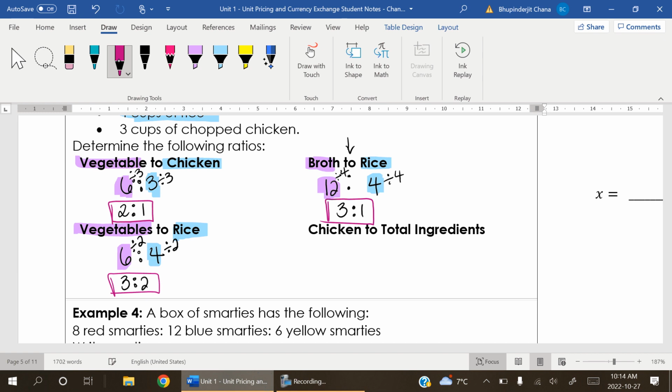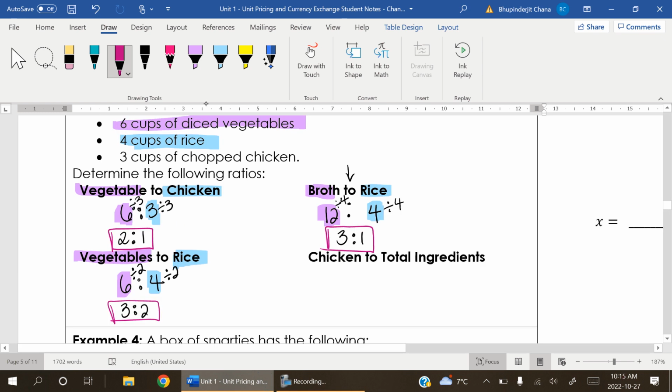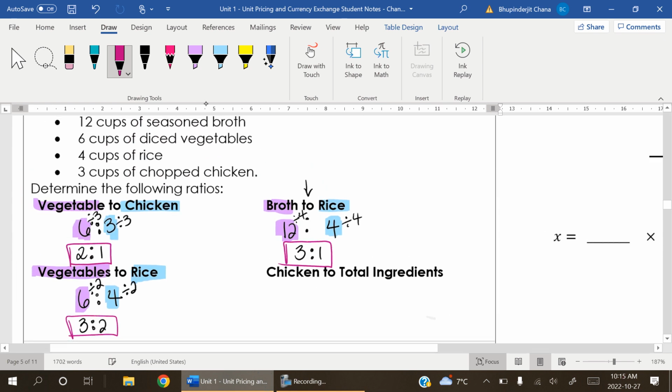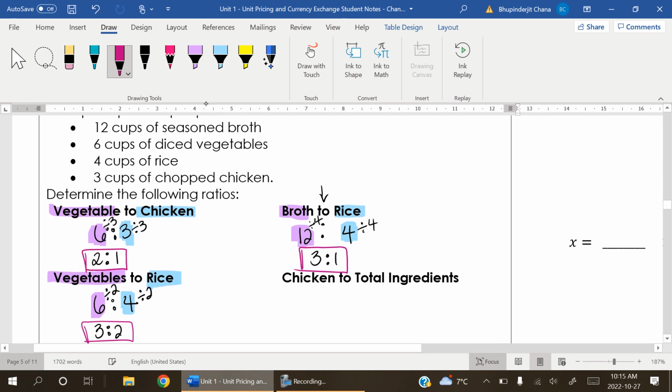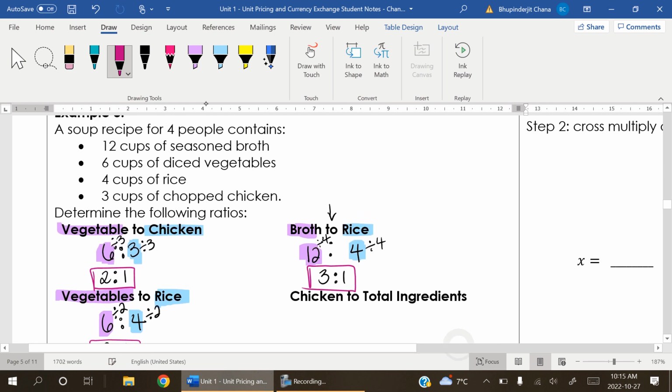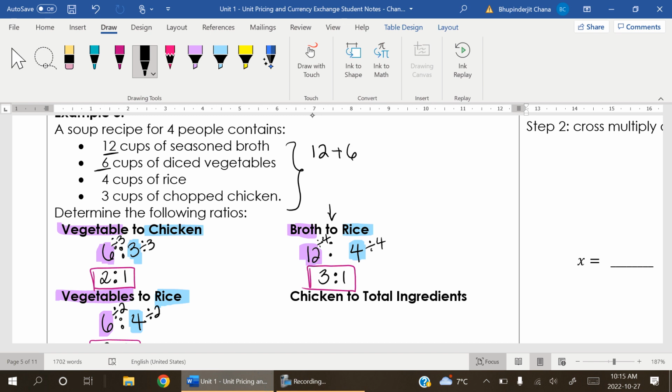Now the next one is a little bit unique. It's talking about chicken to the total ingredients. So we're going to have to add up the total cups. I'm going to do some work here on the side. We've got 12. Whenever we're taking the total of something, we're going to add everything together. So 12 plus 6 plus 4 plus 3.